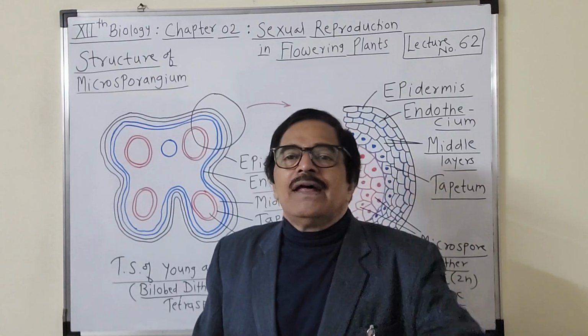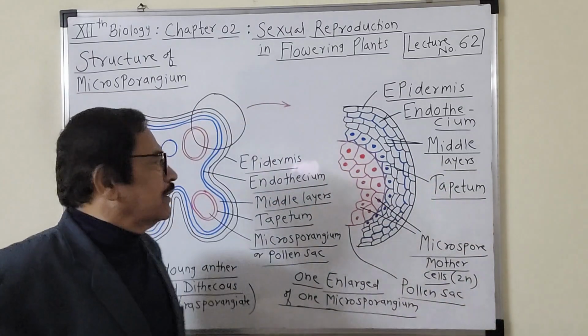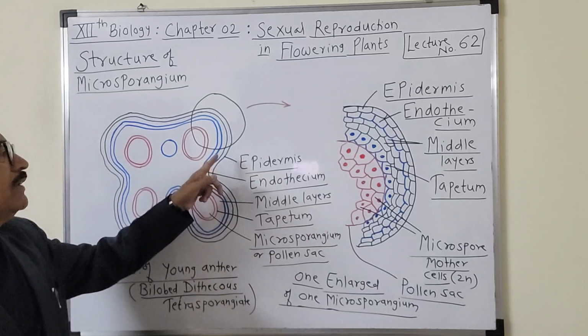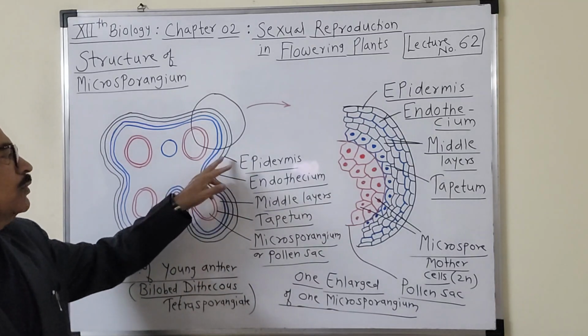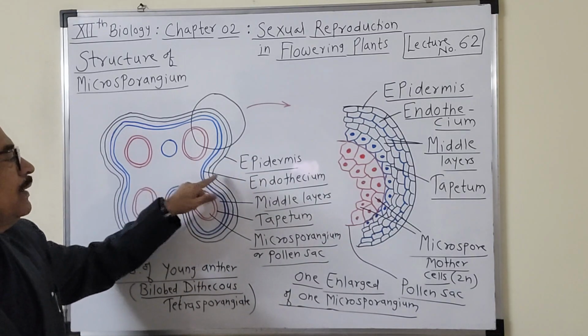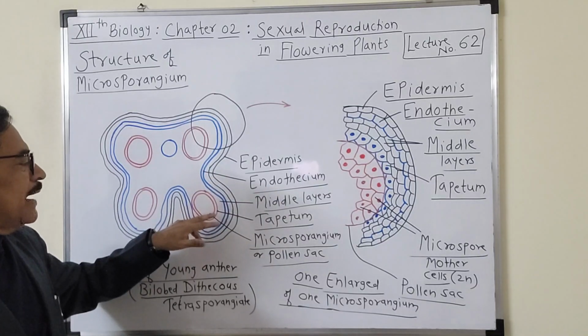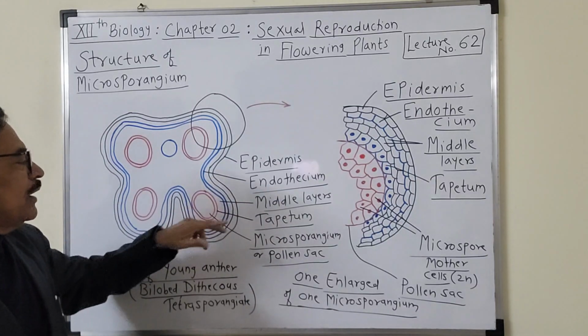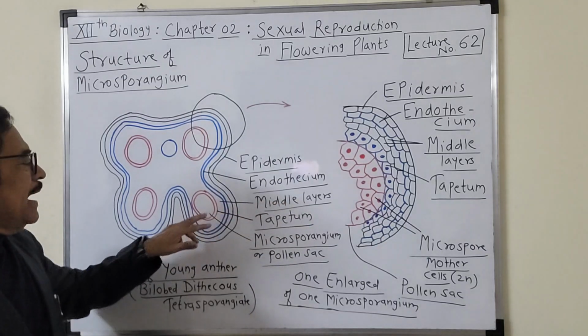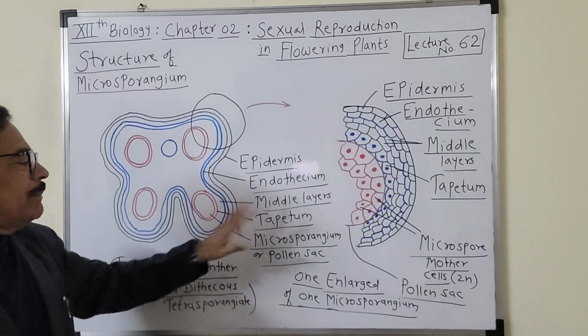So which are the 4 wall layers, from outer to inner? From outer to inner: epidermis, outermost. Then second, the one shown in blue, endothecium. Then third, the one I have shown with the middle gap, that is the middle layers. And then the red line is the tapetum.